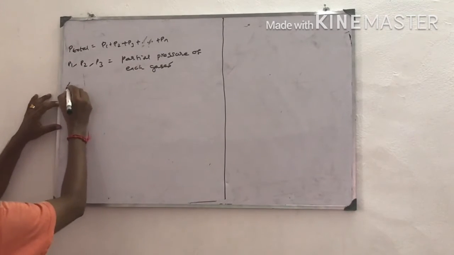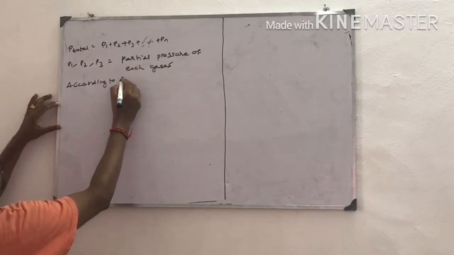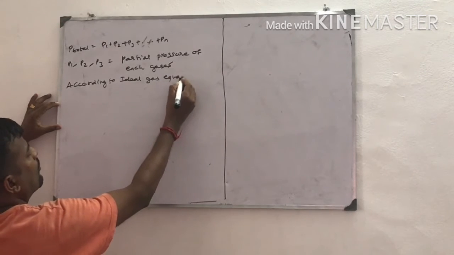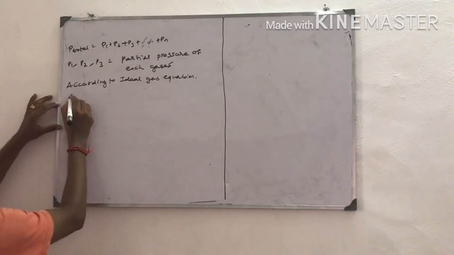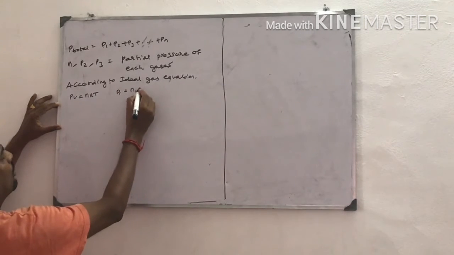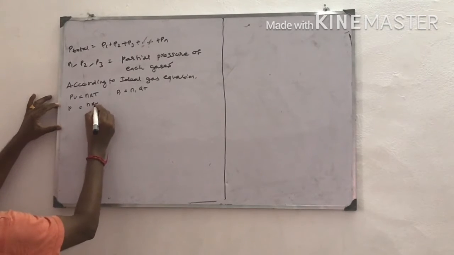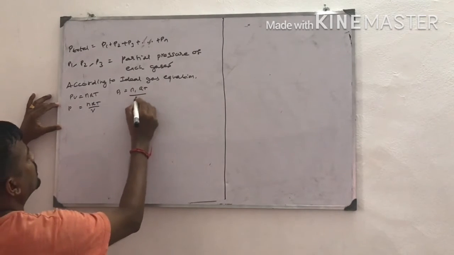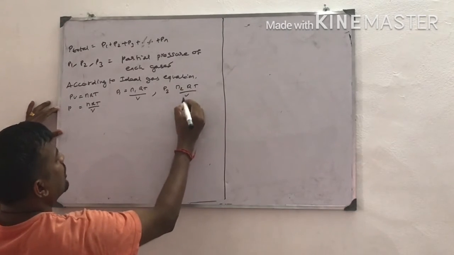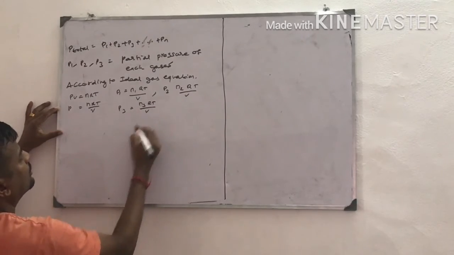Next, according to the ideal gas equation, PV is equal to nRT, so P is equal to nRT by V. P1 is equal to n1RT by V, P2 is equal to n2RT by V, and P3 is equal to n3RT by V.